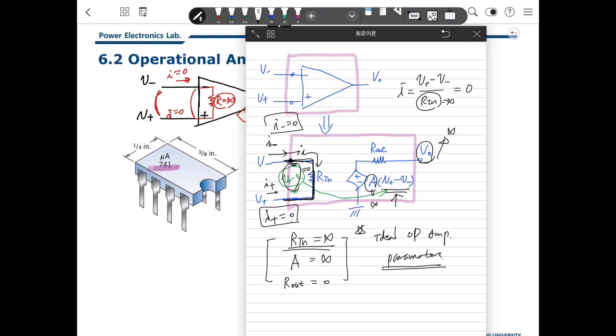If we want Vout to be finite, for example 5, 10, 3, 1.1, minus 2, whatever it is, because A is infinity, that difference should be 0. So V minus and V plus, the difference is 0 in the viewpoint of the op-amp. We'll discuss this later.